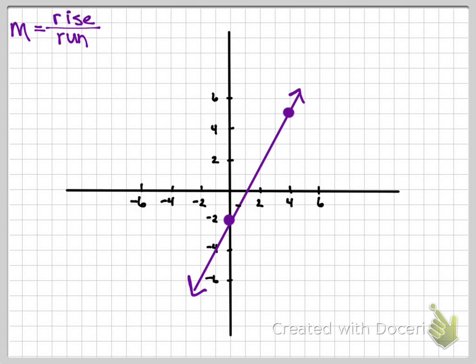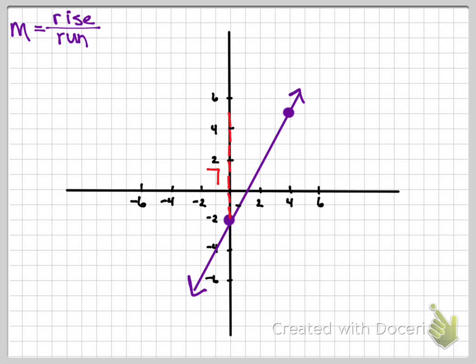This is why it's so important that you label your blocks correctly, because if you don't, your slope will be wrong. Okay? You count them. 1, 2, 3, 4, 5, 6, and 7. I went up 7 to get from point A up to point B. I went up 7, and how many did I go over?